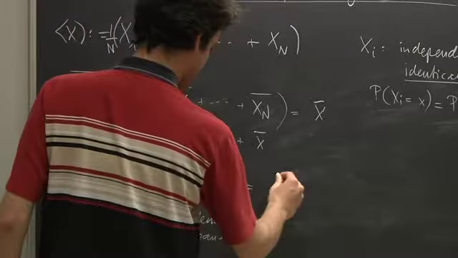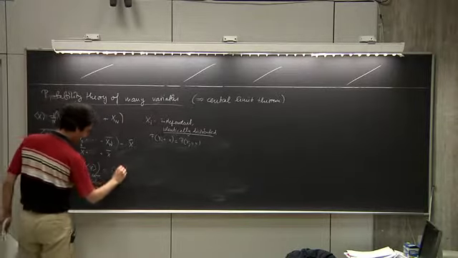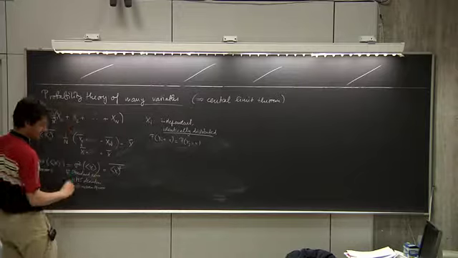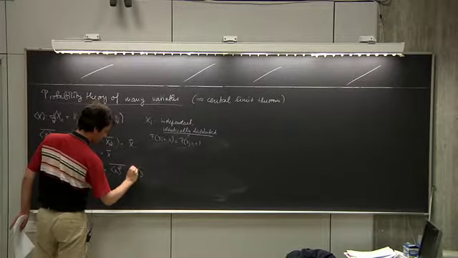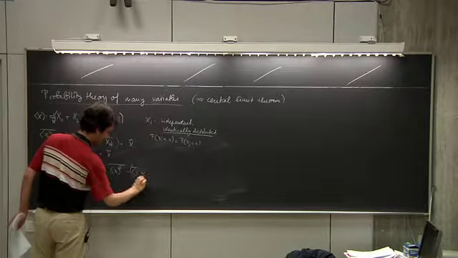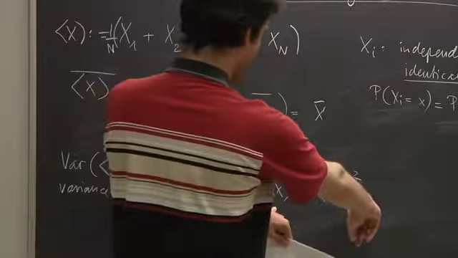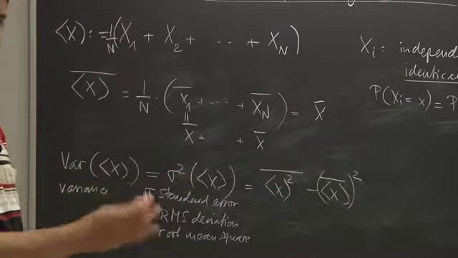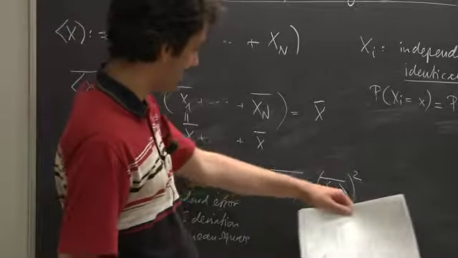Okay, by definition, you take the object, square it, you take the average of the square, and you subtract the square of the average. Right? And that tells you, if you take the square root of that, that gives you an idea of how much this variable that you're looking at is fluctuating around its average.